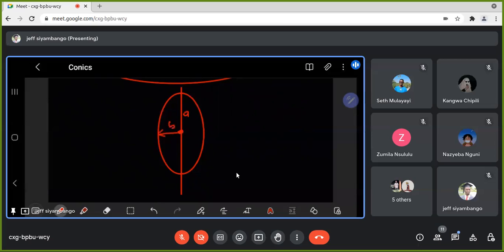What am I getting at here? When you look at your expression, if x squared is the one with the big number, 25, if you write them as squares, this is 5 squared, but y has 4 squared. Clearly the one with the big number controls how this ellipse looks.